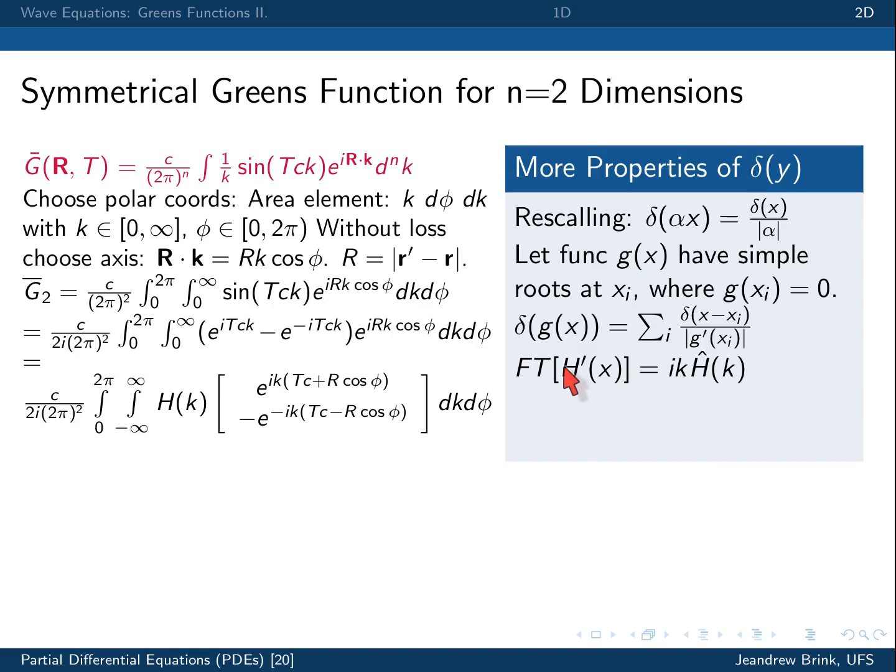We then used that fact to work out the Fourier transform of the step function itself, using the identity that the Fourier transform of a function's derivative is just ik times the Fourier transform of the function itself. So we derived this relation, and what I did in the previous lecture said therefore our Fourier transform h of k is just 1 over ik, which is true except if k is equal to 0.